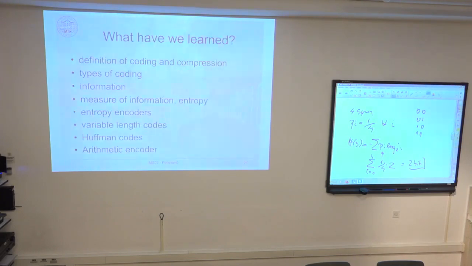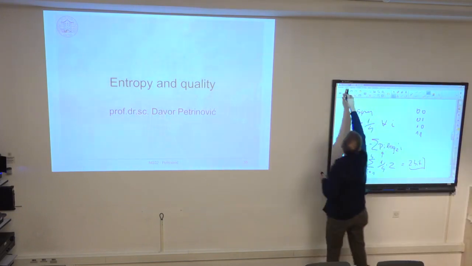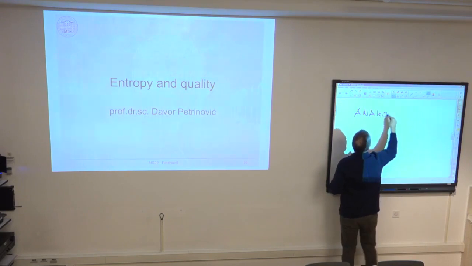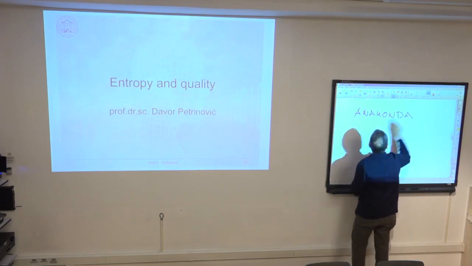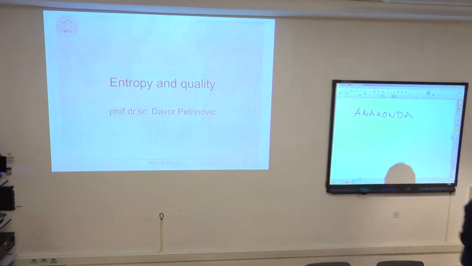Okay? In the midterm exam, we'll have problems with both of these encoders and decoders. So, for example, anaconda is a snake, and you would have to compute the probability of individual symbols.